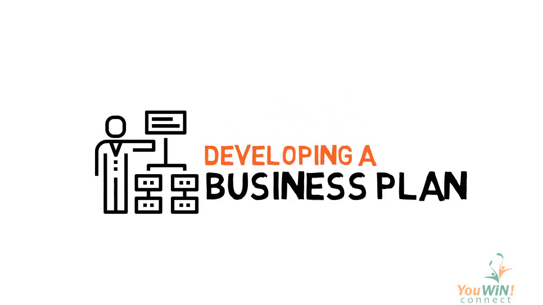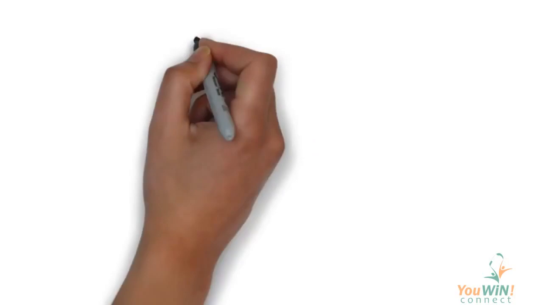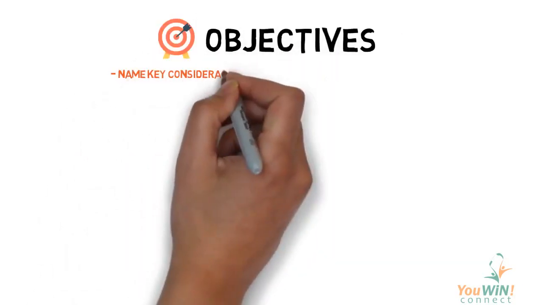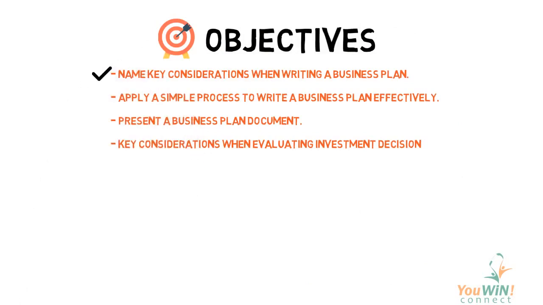This module is designed to assist you to learn, in simple but very effective ways, how to develop a business plan. In this module, we will first of all be able to name key considerations when writing a business plan.